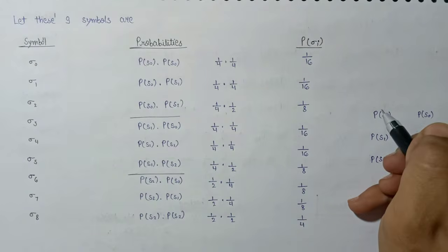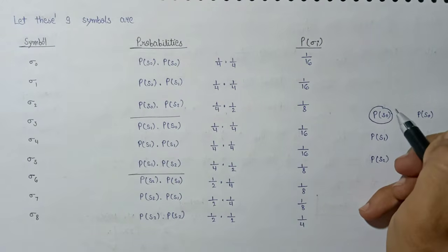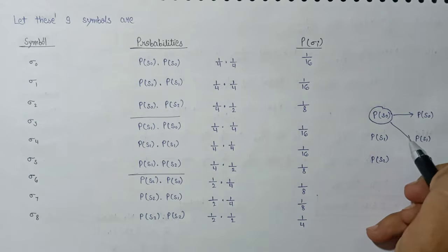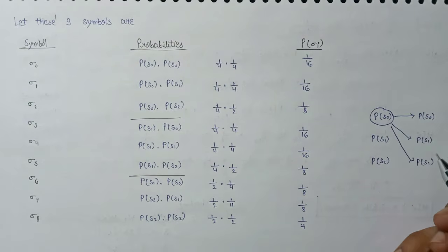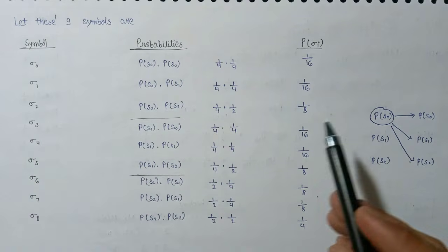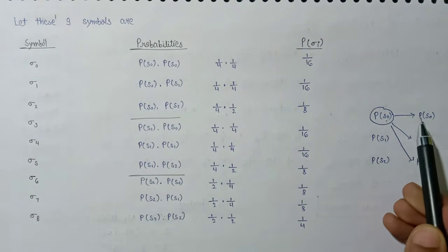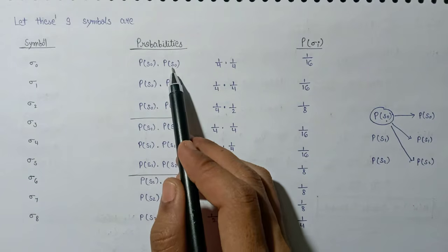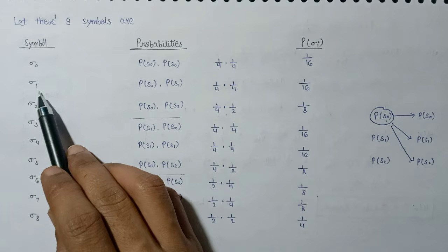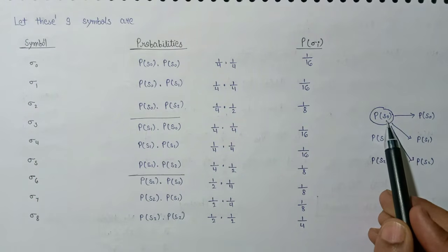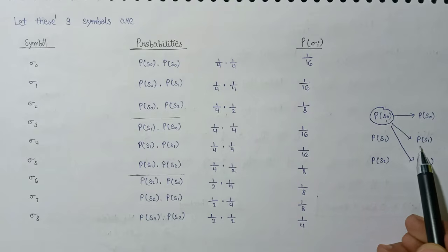Now take one probability as a reference and multiply it with the remaining probabilities step by step. So the probability of occurrence of sigma 0 will be equal to the product of P of S0 into P of S0. Similarly, the probability of occurrence of sigma 1 will be equal to the product of P of S0 into P of S1.